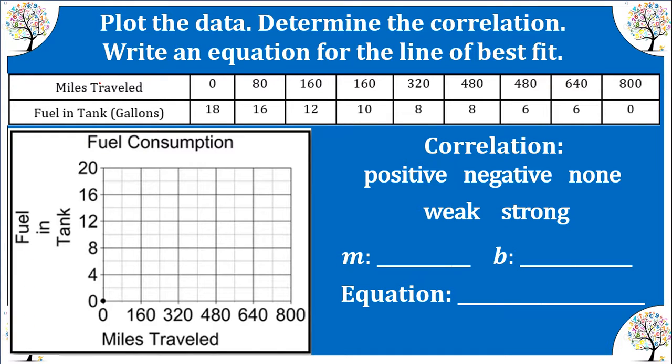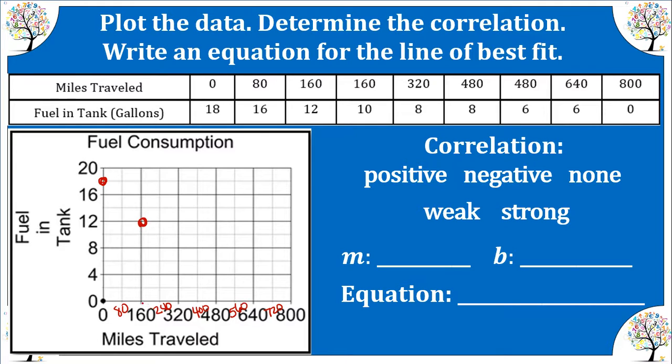Let's plot these points, so miles traveled and fuel in the tank. So when someone goes 0 miles, they have 18 gallons in the tank. When they go 80 miles, so these are going up by 80. Okay, and then at 120, we have 12 gallons.